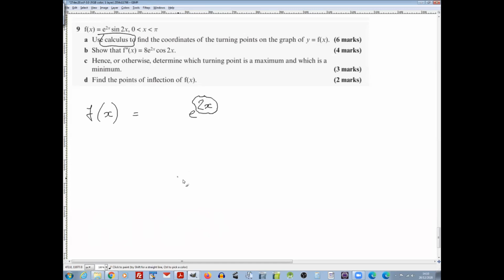Actually, yes, when you differentiate, that's going to be e to the 2x times 2, and then sine 2x. The only trouble is it's not plus this separate problem which we can do separately. No, it's times sine 2x.